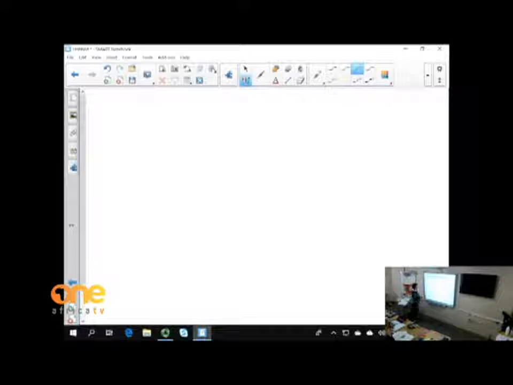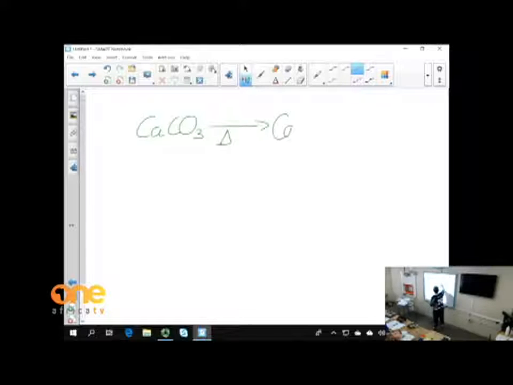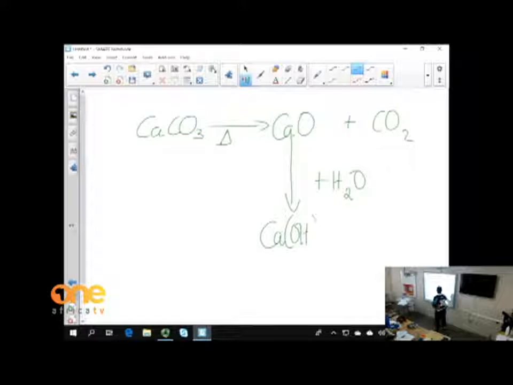Now, lime, if you heat calcium carbonate, all right, you heat it up, it decomposes, and it forms calcium oxide plus carbon dioxide. If you take calcium oxide and you add it to water, we get calcium hydroxide.